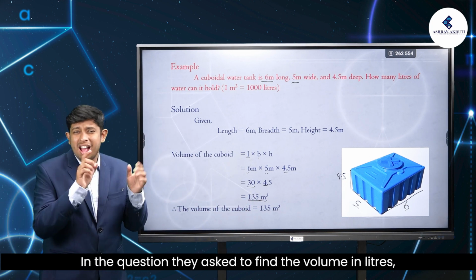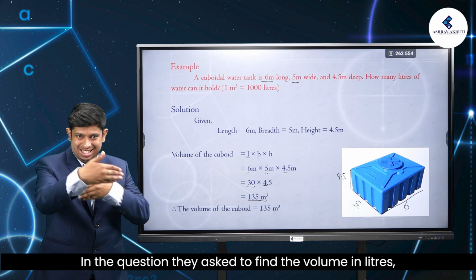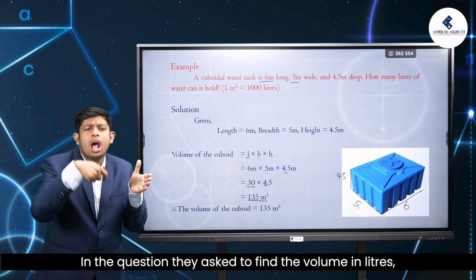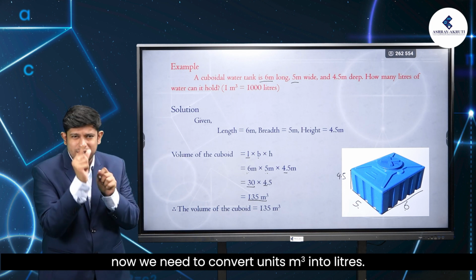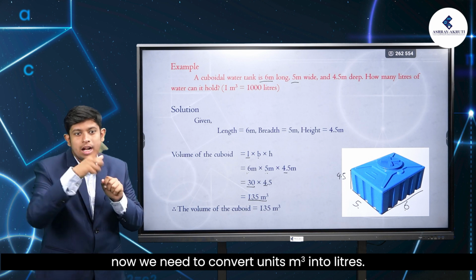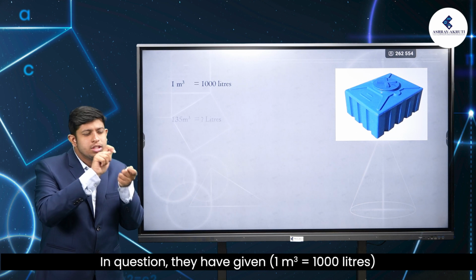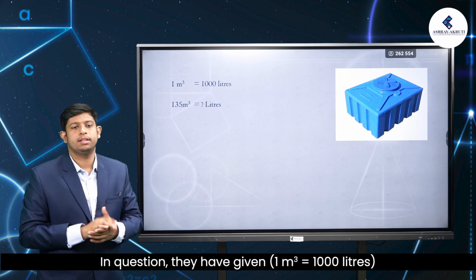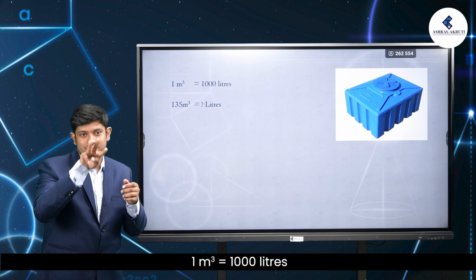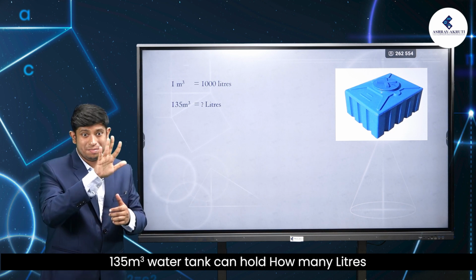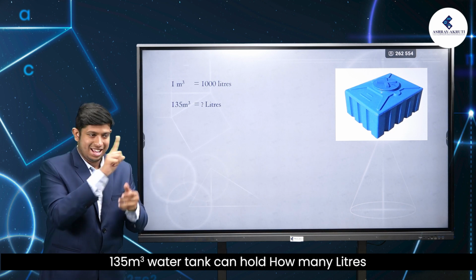In the question, they have asked to find the volume in liters. Now, we need to convert units meter cube into liters. In question, they have given 1 meter cube is equal to 1000 liters. 135 meter cube water tank can hold how many liters?